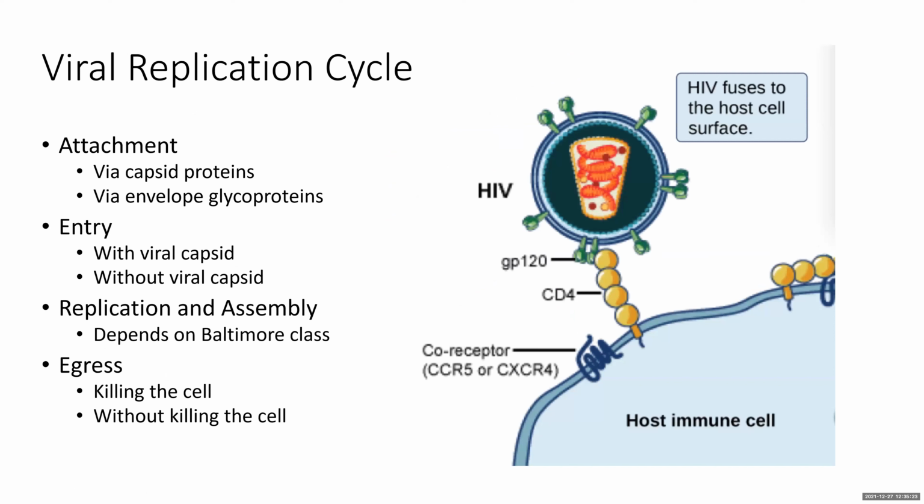All right, so let's talk a little bit more about the ins and outs of how the virus does replicate or reproduce. Right, there's 4 steps: attachment, entry, replication and assembly, and egress. Attachment is sticking onto the outside of the cell. It has to recognize and bind to the host cell.